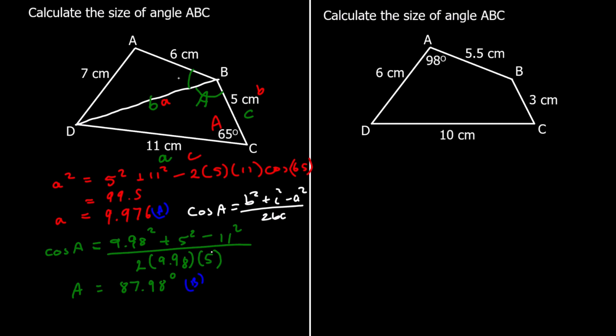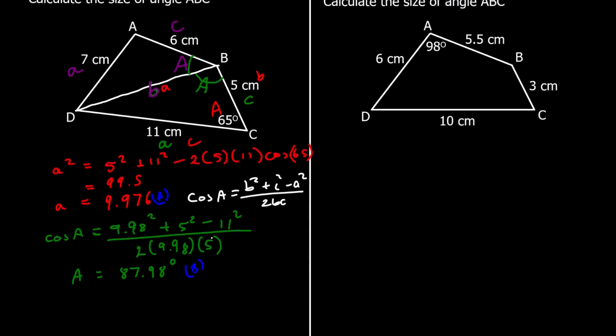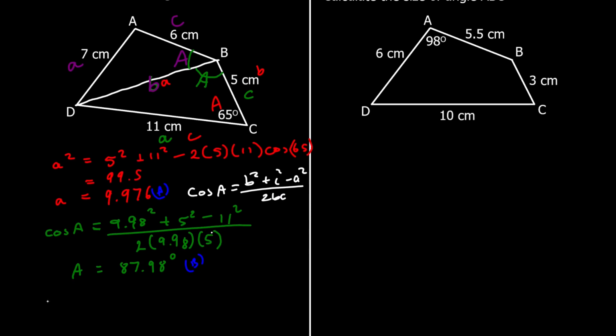Then I want the other one as well. So I'm going to have big A, little a, B and C. So cos A this time is my 9.98 squared plus 6 squared minus 7 squared over 2 times 9.98 times 6.